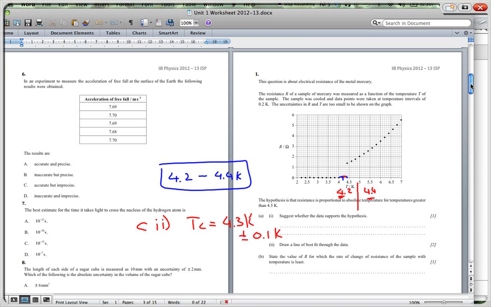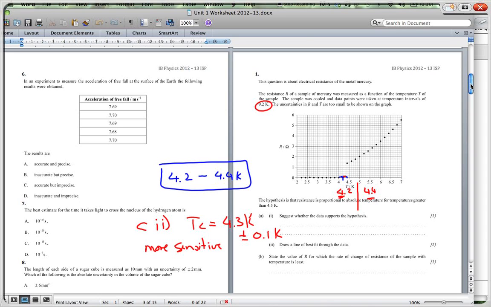Then it says outline how the temperature Tc could be more precisely measured. Well, you would want a more sensitive measuring device, because this over here can only measure intervals of 0.2.